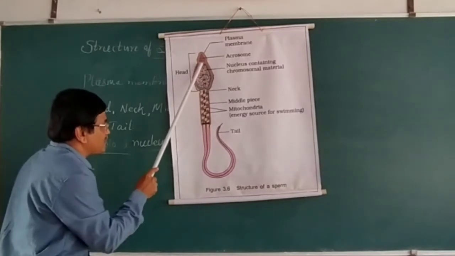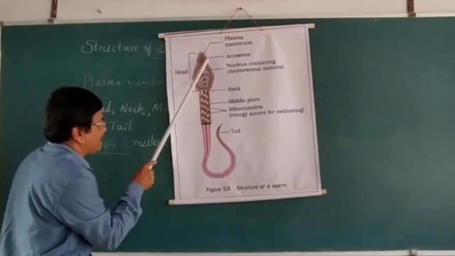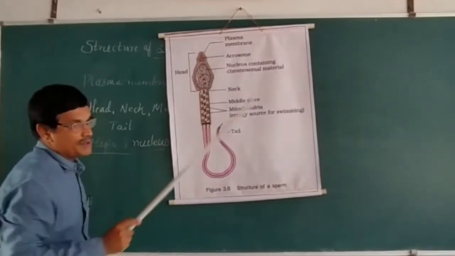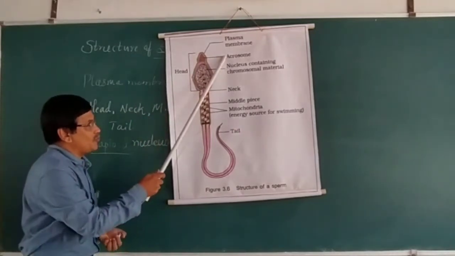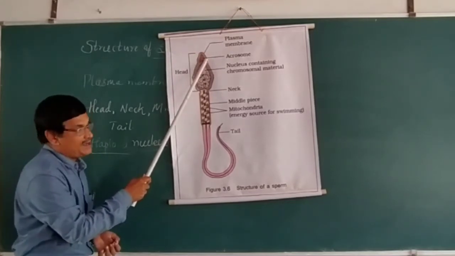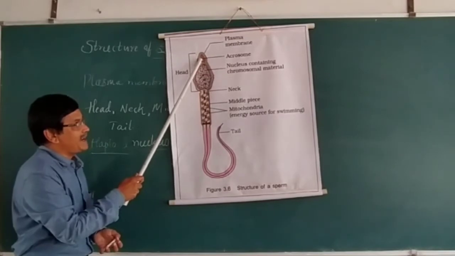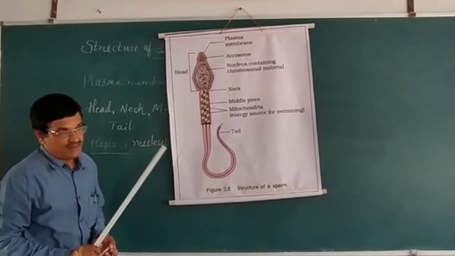Then the anterior portion of the head has a cap-like structure known as the acrosome. This acrosome encloses the enzymes necessary for fertilization.